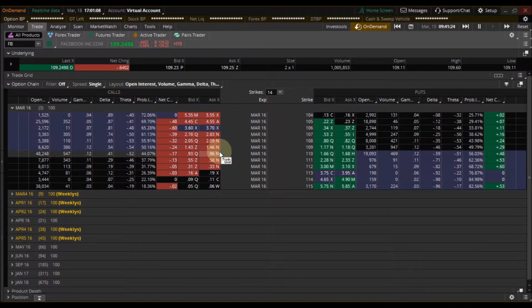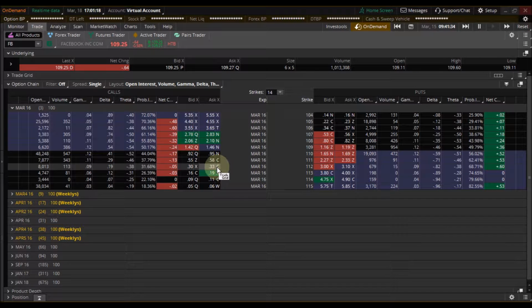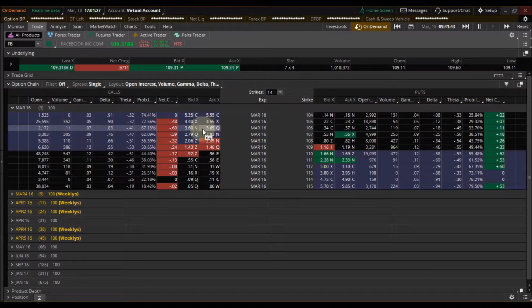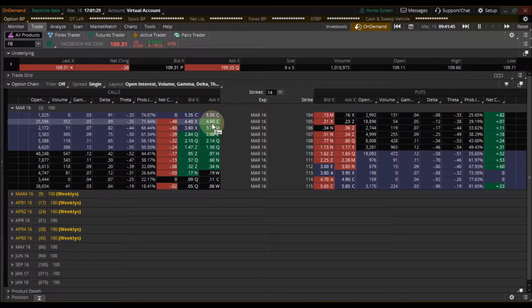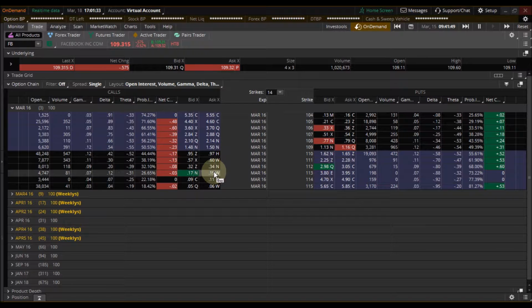Out of the money will be anything below this line right here. Now, depending on what trading strategy you use, sometimes we use in the money options, at the money options, or out of the money options. It all depends on what strategy you utilize.